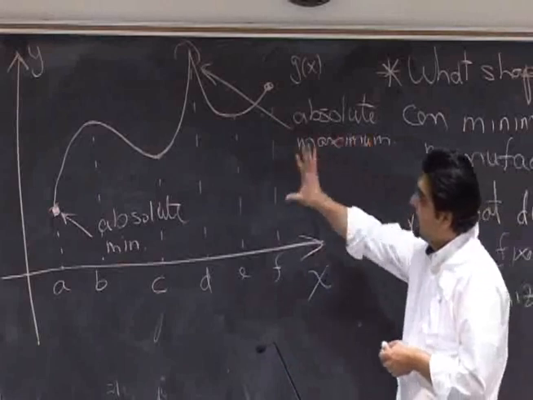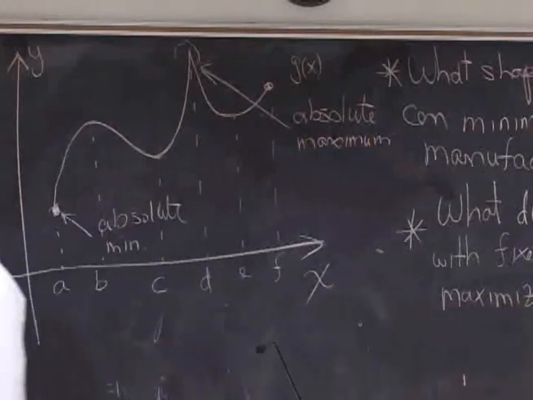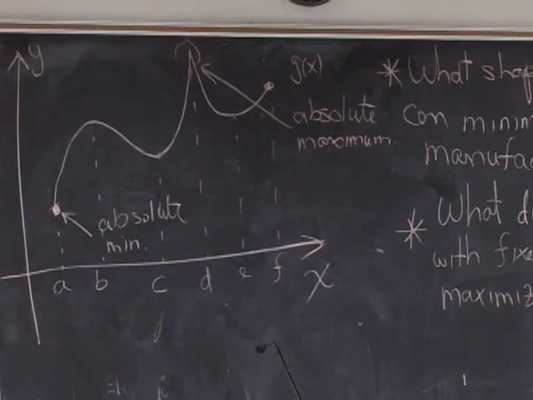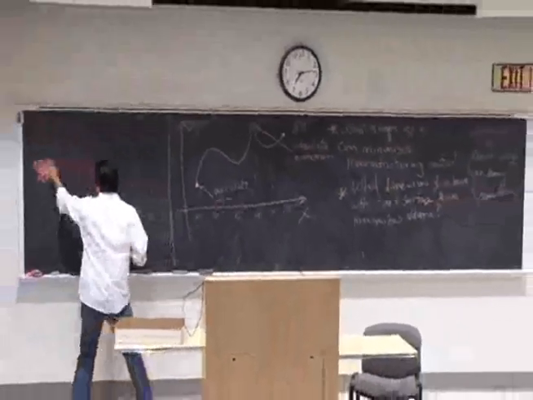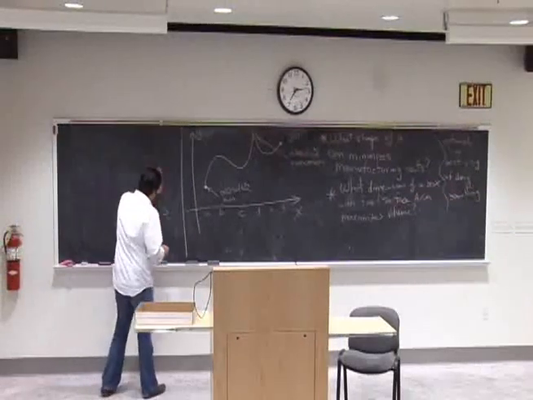So now that we've seen what it looks like on the picture, we can write a little definition that's more accurate as to what it means to be an absolute maximum or an absolute minimum. And the definition isn't far from our intuitive understanding of this.